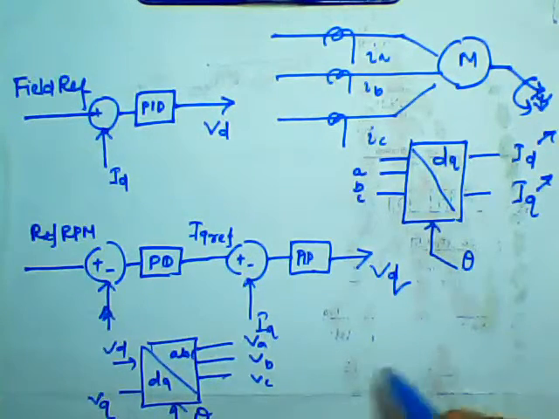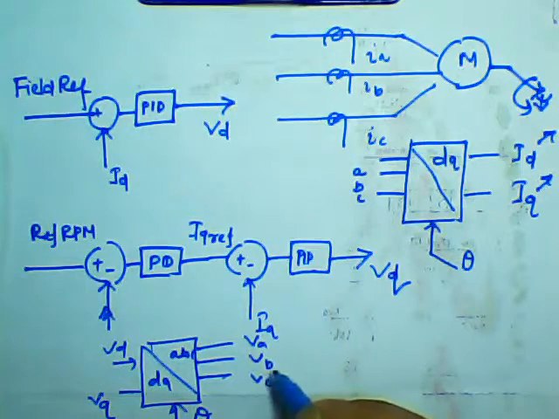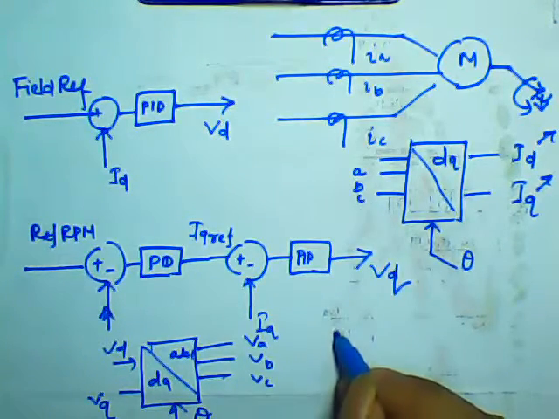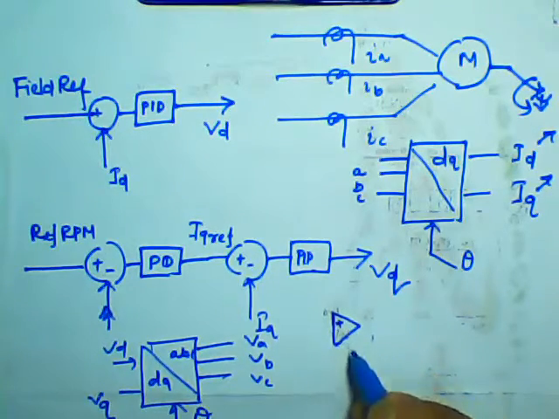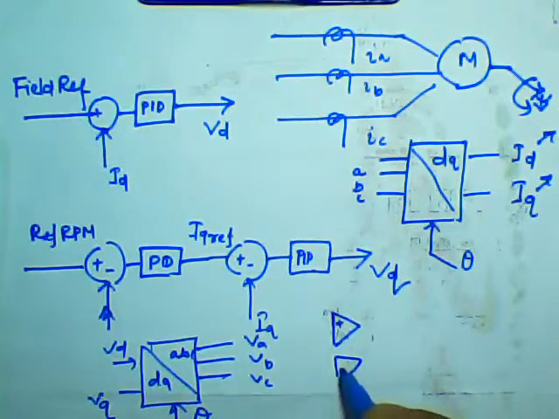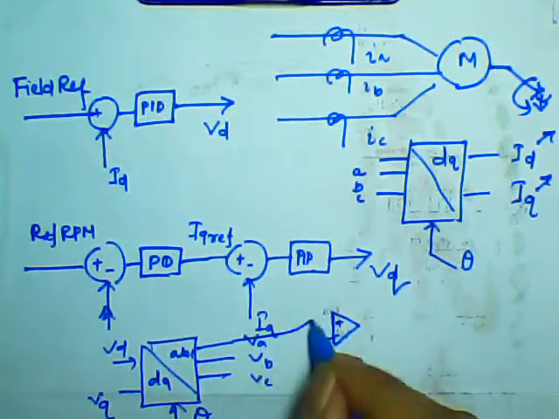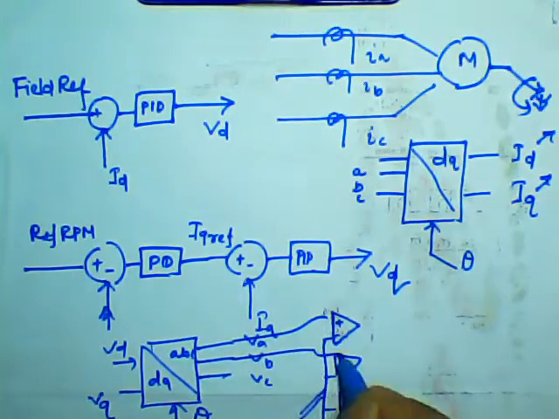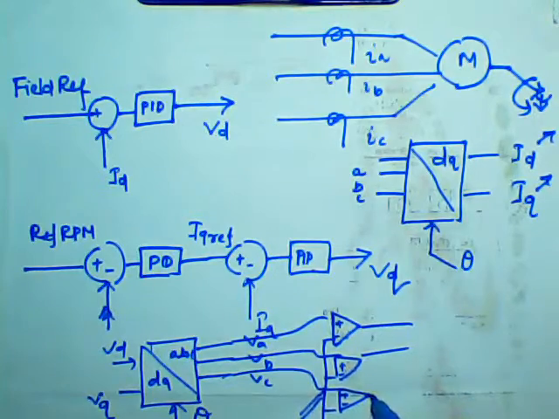Once I get this ABC, it is to be compared, so here there will be 3 comparators. The minus inputs are connected to a high frequency carrier, and the outputs are my switching pulses.